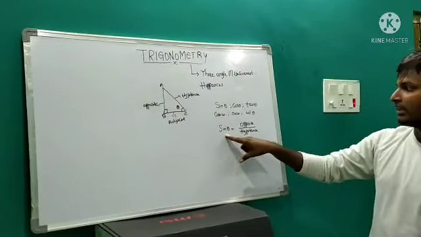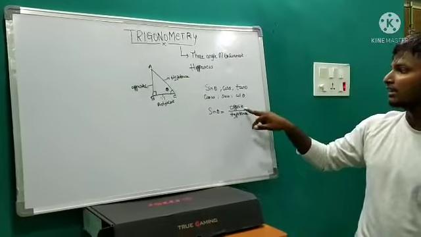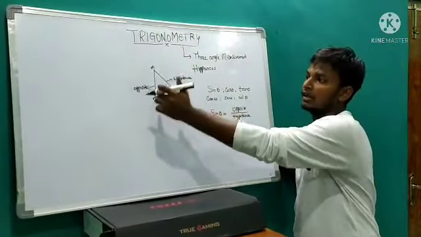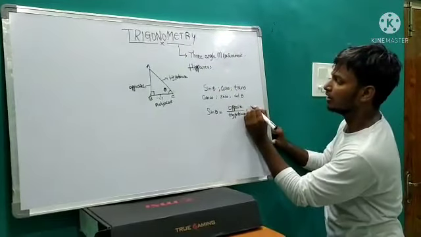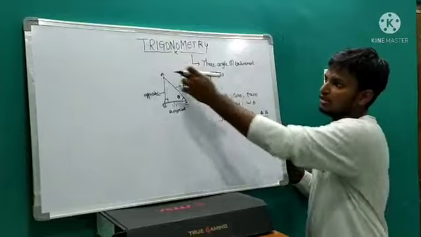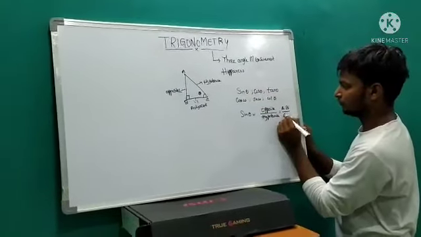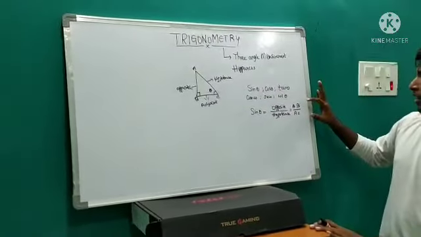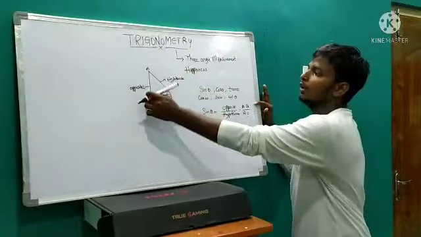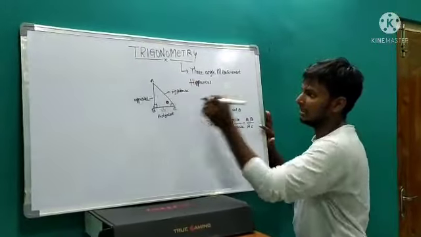Sin theta means opposite by hypotenuse. Opposite means AB, and hypotenuse means AC. Okay friends, sin theta is opposite by hypotenuse.